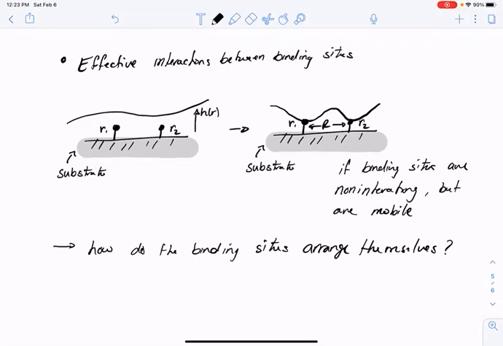We will see that by constraining the height fluctuations through this action of binding, initially non-interacting sites will become correlated, will have an effective interaction that actually drives them to be close. There's an effective attraction between these binding sites generated just through the constraint of fluctuations of the membrane.